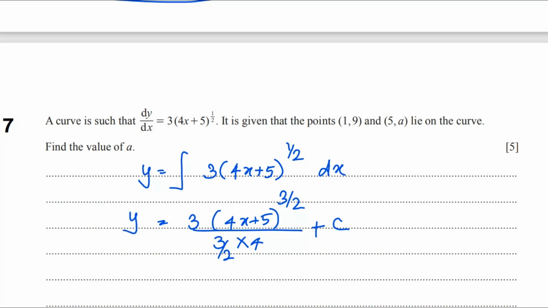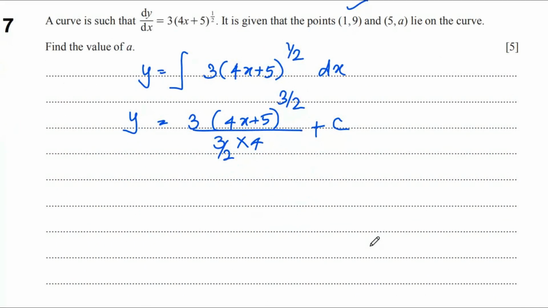First, let's substitute the point (1, 9) to find the value of c. y is 9. 9 is equal to, 3 gets cancelled, and this is 2.